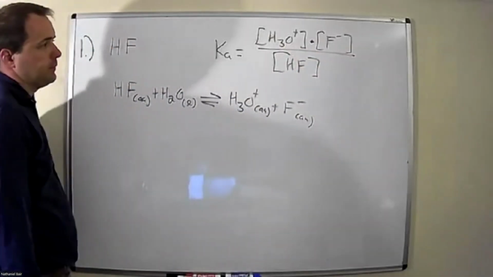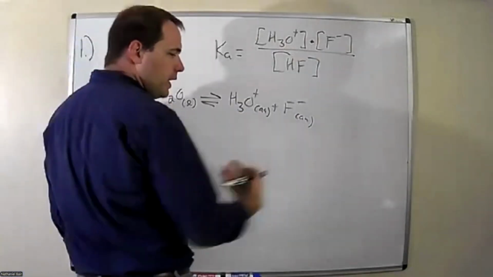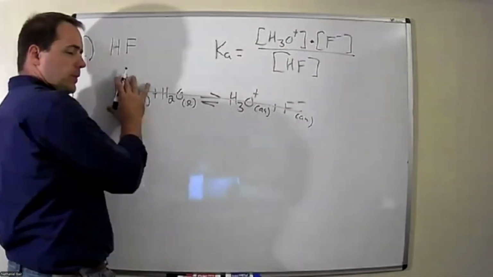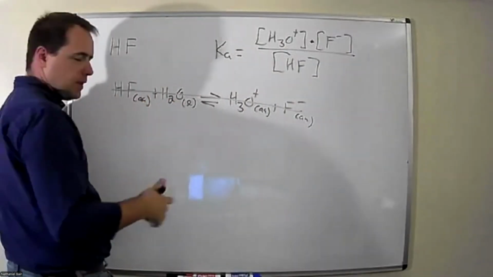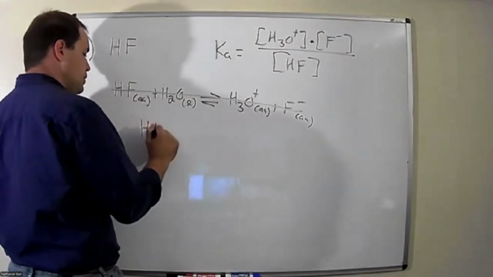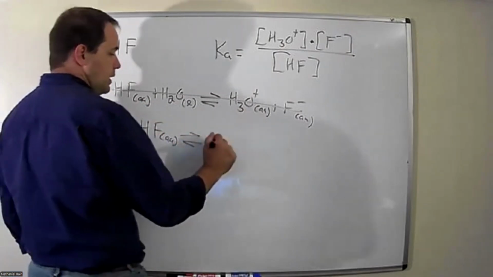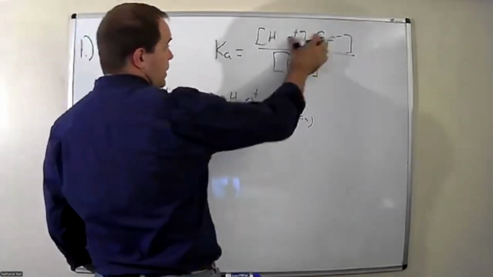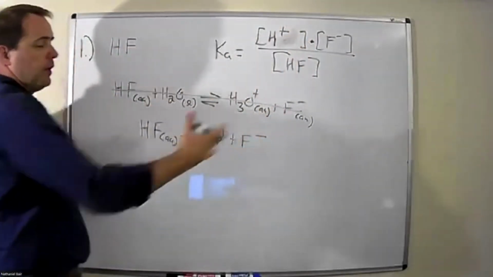Like that. Here's how I personally do it, though. I don't show water. I'm lazy. So I actually wouldn't write that, although this is the 100% correct thing. This is what actually happens, because remember, H plus doesn't exist. But I'm lazy. I will usually just write HF dissociates into H plus and F minus, and then I just have an H plus up here, and I don't bother showing water.